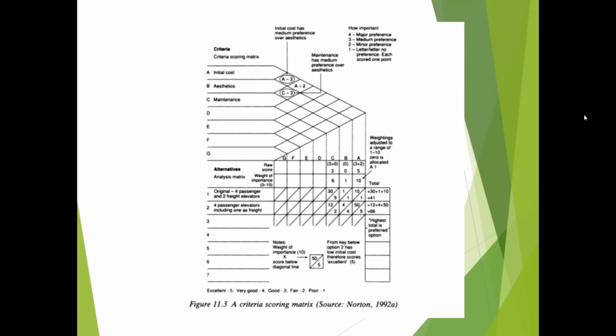Okay. So the first edge, can you see this? This edge, you compare every other criterion with the initial cost, right? Suppose we take D as durability, or usage, right? Let's say D is the criterion of durability.